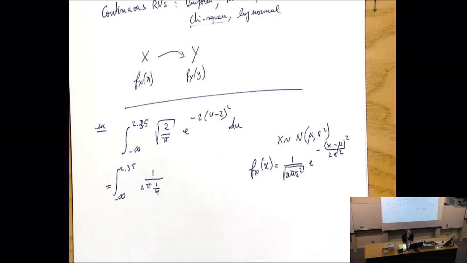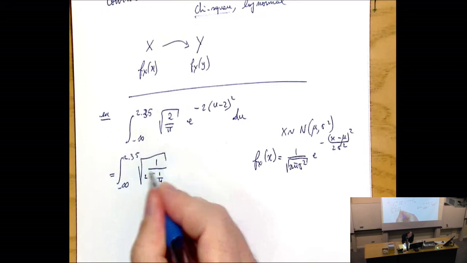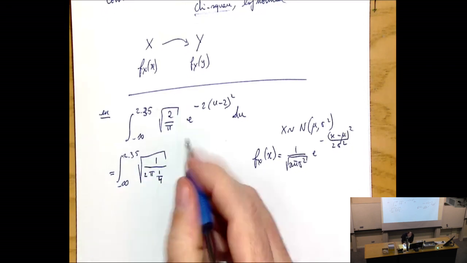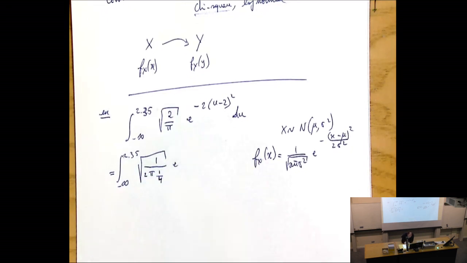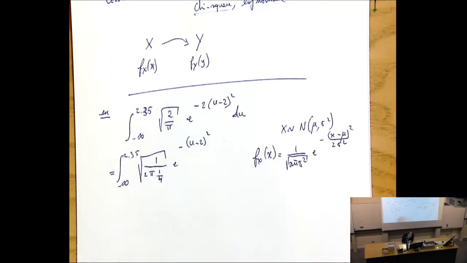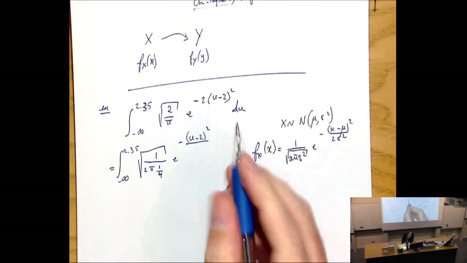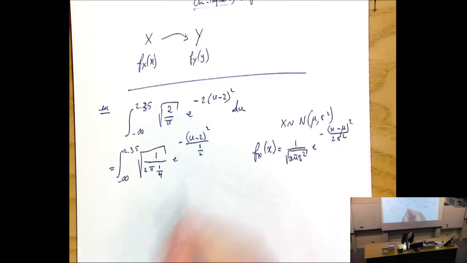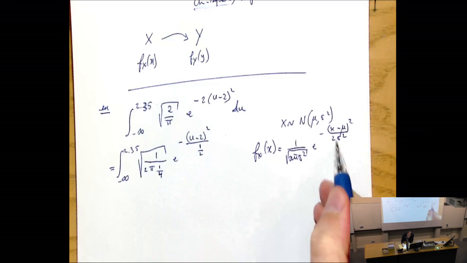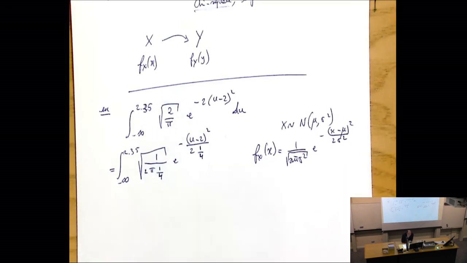That's 2 pi to the 1/4. And I have the square root. Similarly, the argument of the exponential here, I can say this is (u minus 2) squared. And I can say, well, 1 over 2 is 1 over 2 here, but I would like to have a 2 like this. So I can write 2, and then I can divide by 2, du.